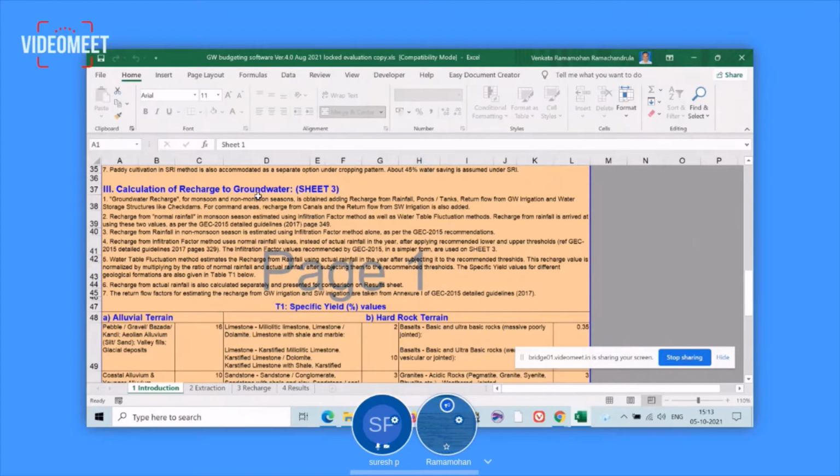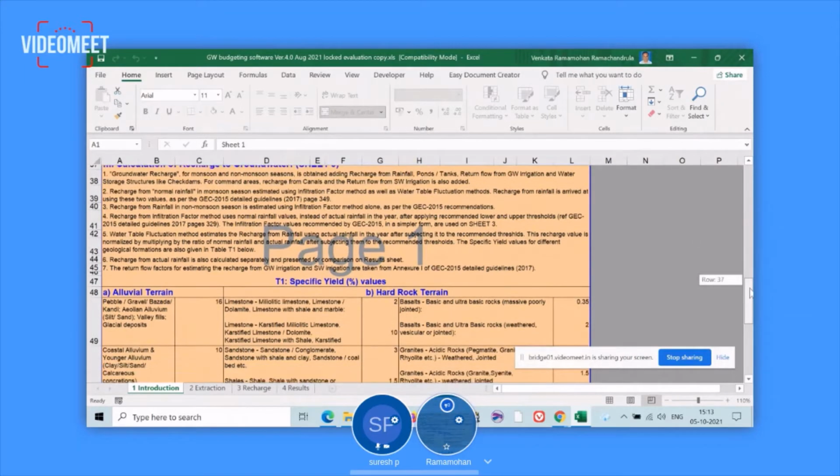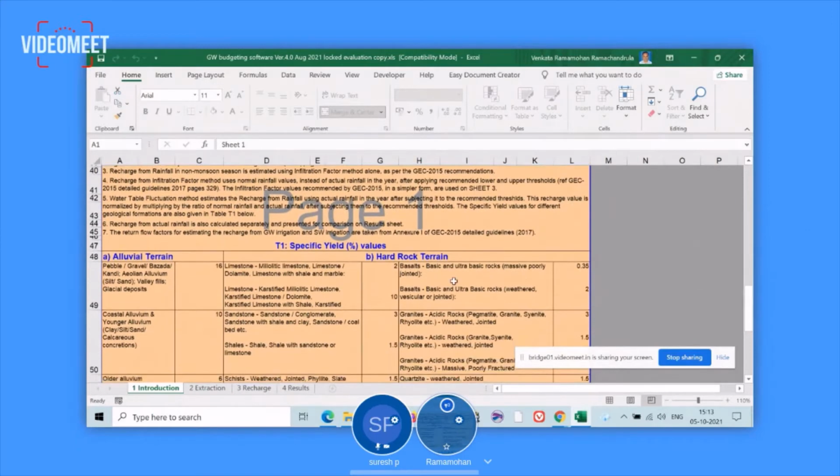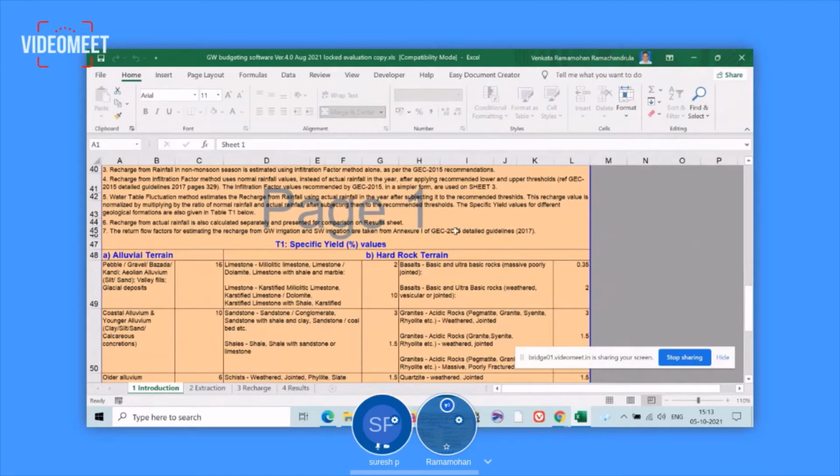As we discussed, there are six components of recharge, and so it narrates how these components are calculated, where the basic assumptions, the formulas, and certain coefficient values are taken from, and then it refers to the GEC 2015 guidelines, and sometimes it also gives you the page number. These calculations, these factors are taken like that.